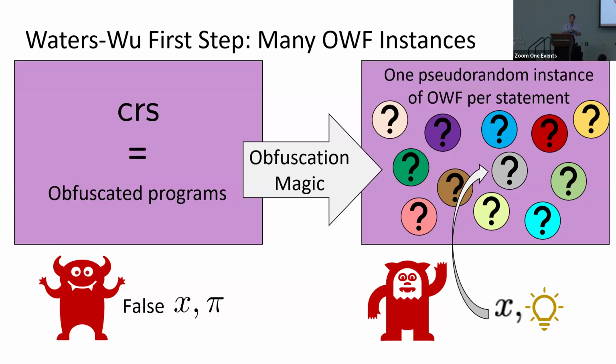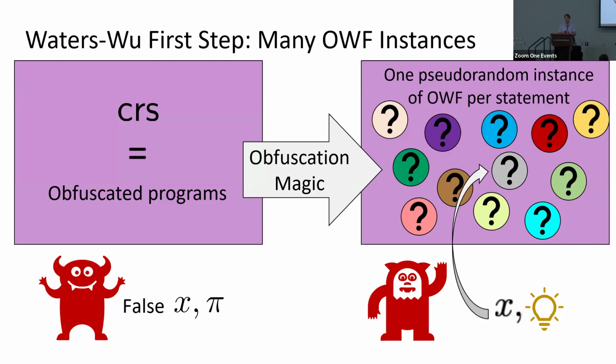Okay, so let's start with the very high-level blueprint of what Waters and Wu do. I don't have nearly enough time in this talk to actually go into the details. But basically what they do is they have some obfuscated programs in the CRS. And these programs serve two purposes, right? So one, they allow you to prove true statements as long as you have a witness.